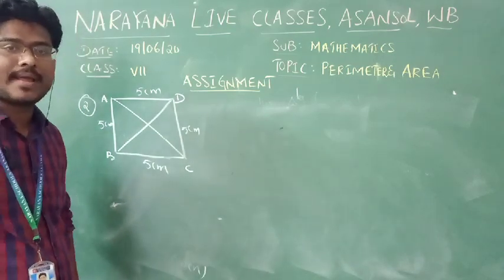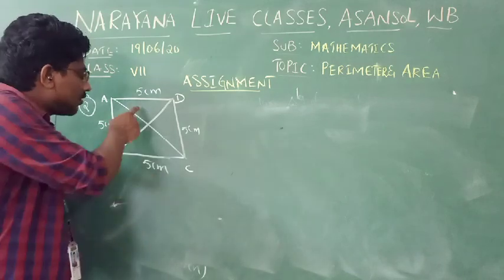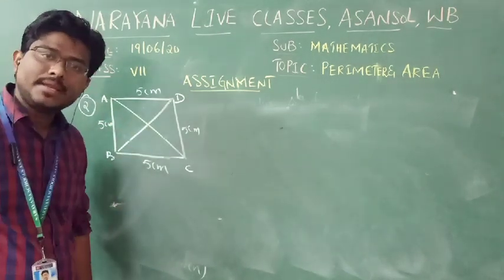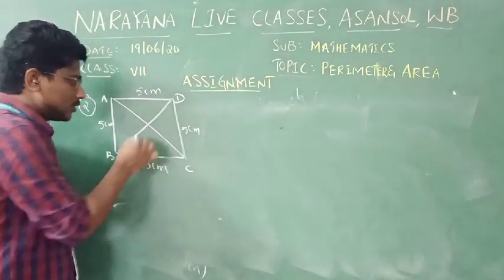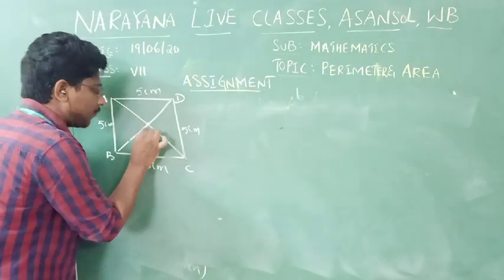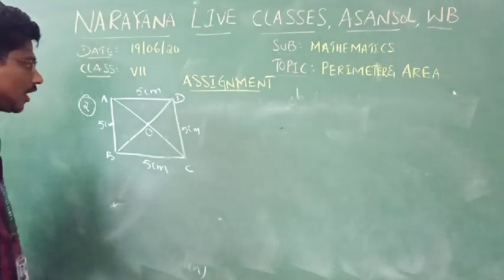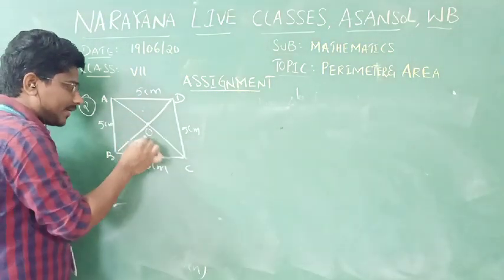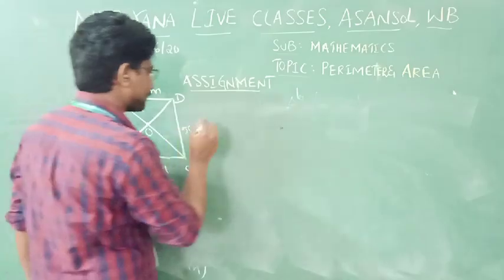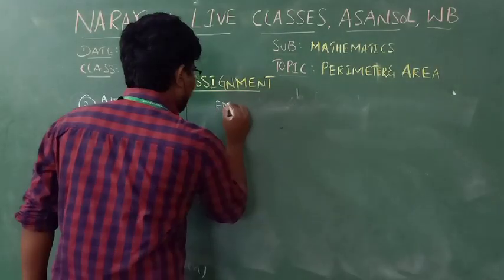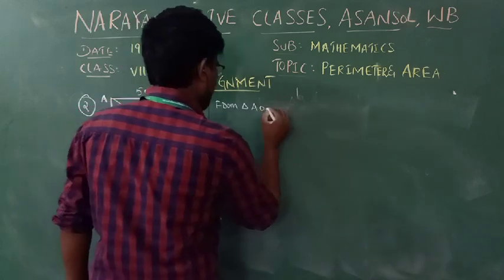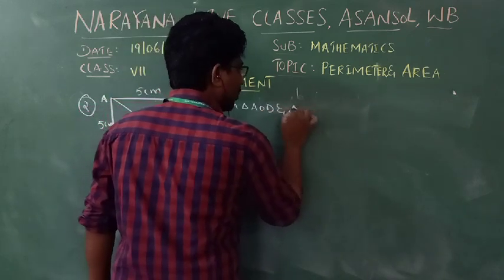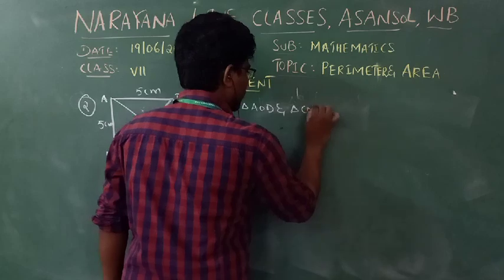Congruent triangles means all the triangles are equal in area. How we can find this is, see here. The intersecting point I am assuming as O. Now here I am taking triangle AOD and triangle COD.